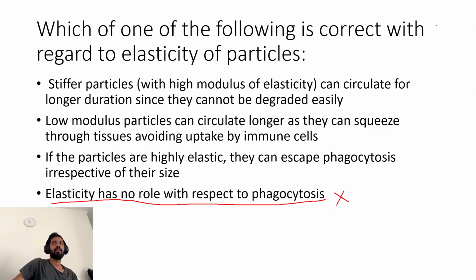What do you guys think could be the correct option? Is it the case that stiffer particles can circulate longer, or softer low modulus particles can circulate longer, or if the particles are highly elastic, they can escape phagocytosis irrespective of their size?